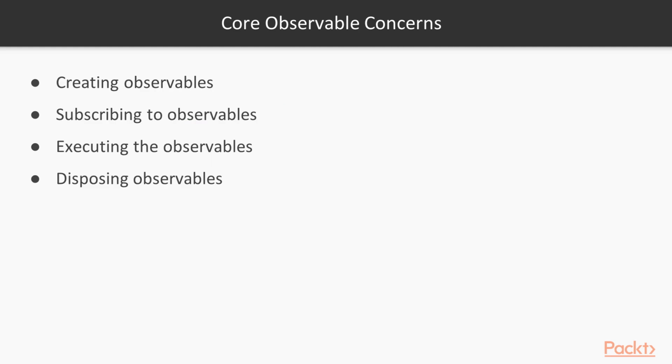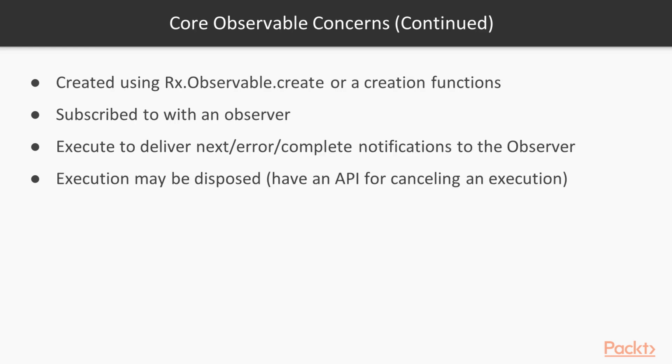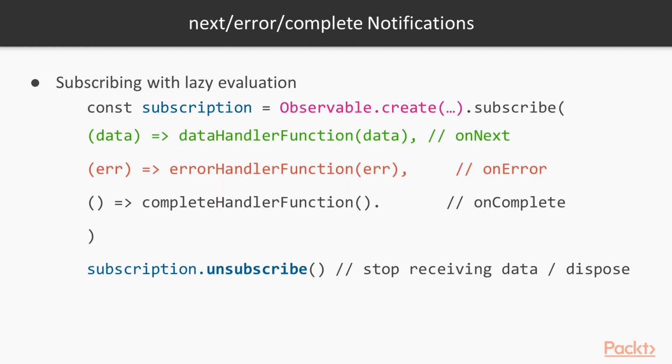The core observable concepts that ReactiveX specifies are creating observables, subscribing to observables, executing the observables, and disposing or canceling observables. We will return to creating observables in a second. But first, let's cover subscribing, executing, and disposing. You can subscribe observable with, guess what?